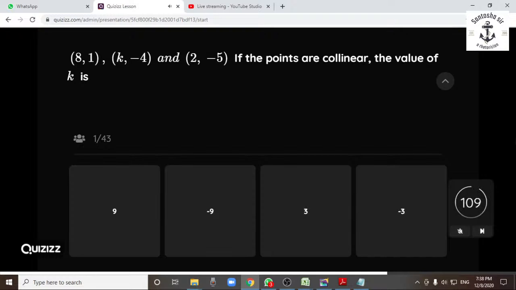So you need to find the value of K from the given information. We have 8, 1, k minus 4 and 2 minus 5. If the points are collinear, then what is the value of k? 90 seconds more.